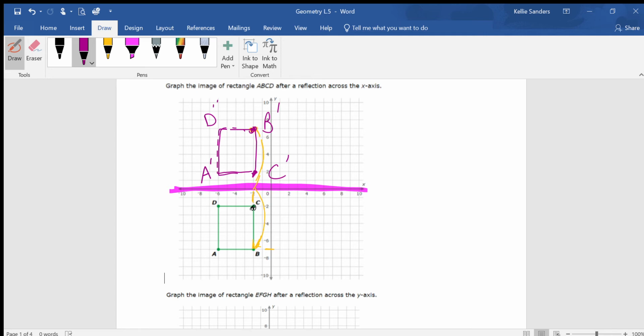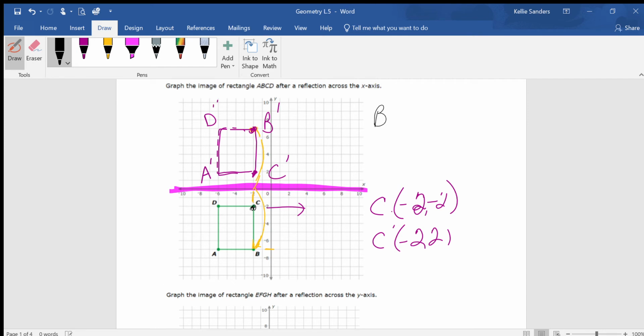And so let's just talk about that because we're going to need it for L6. So what happened is our original C was at -2, 2... where did C prime end up at? -2, +2.